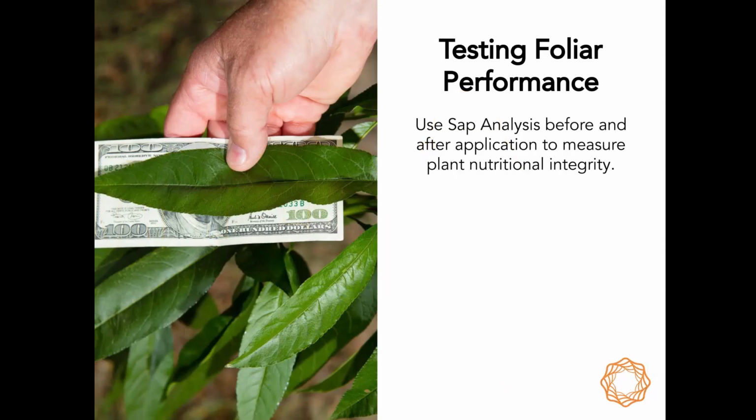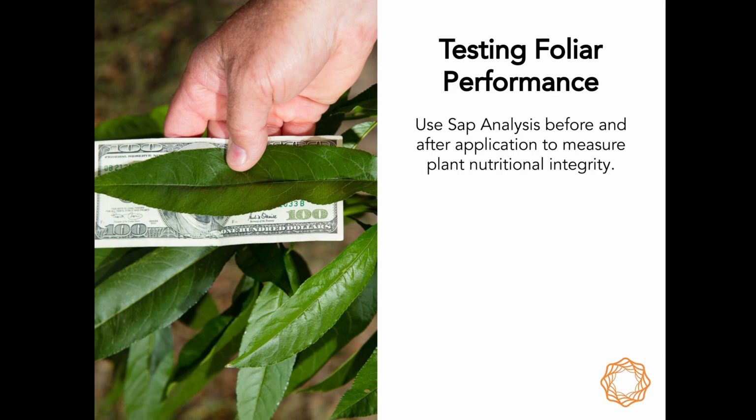A very important aspect of managing foliars and using foliars as a system is testing the performance. There are two types of testing that are generally reliable and that can give us a good indicator of what's going on. The most valuable in terms of measuring precise nutrients and plant-specific nutritional integrity is using SAP analysis.